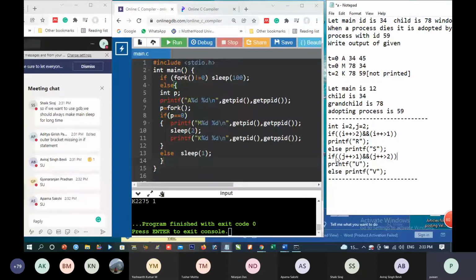Do you understand why in one case the condition is true, and in another case the condition is false? In case of I, the condition is false, but in case of J, the condition is true. Yes. Okay, I will explain. You see, I is equal to 2.